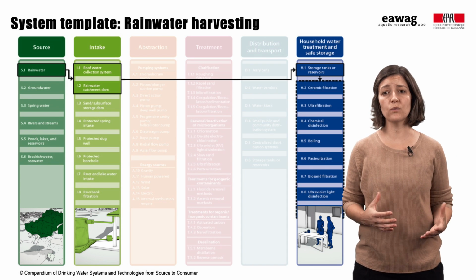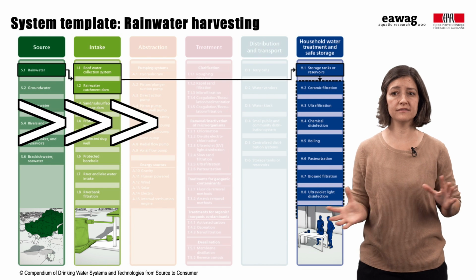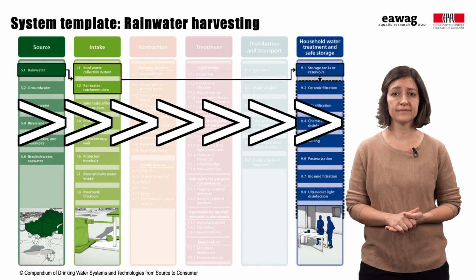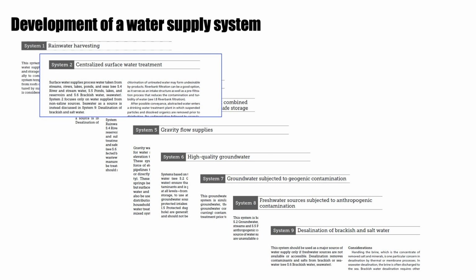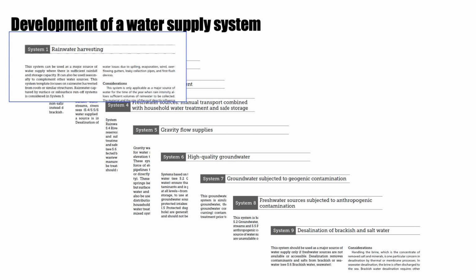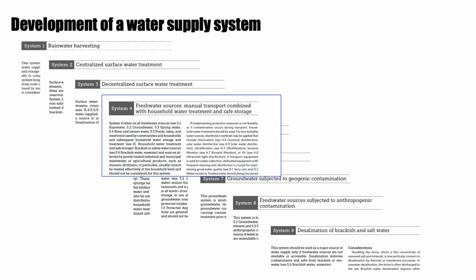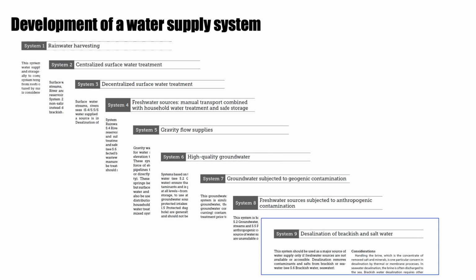However, you'll note that water always moves from left to right across the template. The Water Compendium provides a total of 9 system templates, such as the centralized surface water treatment and rainwater harvesting templates just shown. There's also templates for manual transport of water, desalination of brackish and seawater, among other examples.